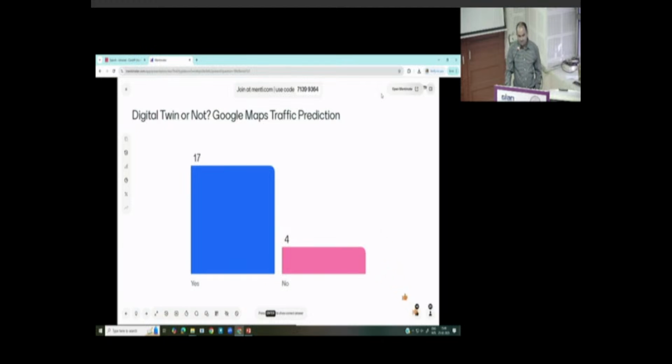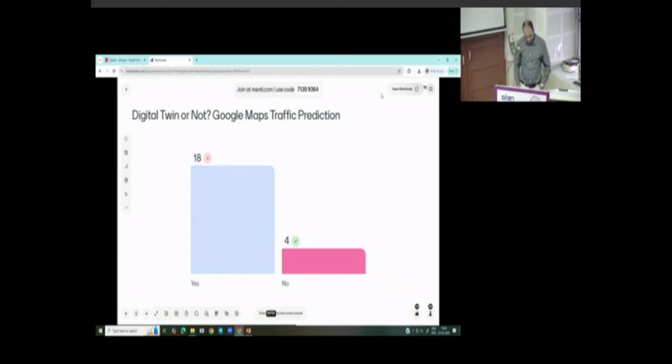Digital twin or not? Google Maps traffic prediction. What do you think? Is it a digital twin? Let's see. Why isn't it a digital twin? What is a digital twin basically?